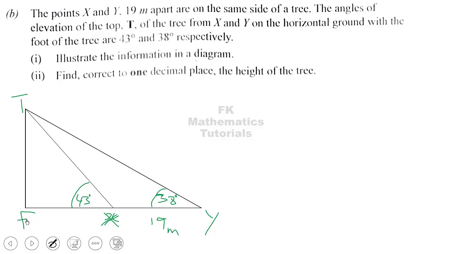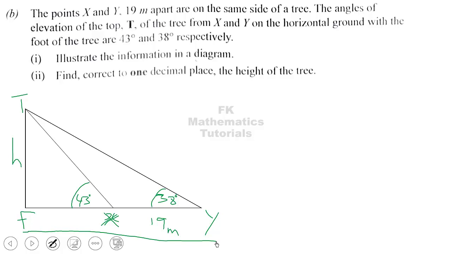We have to find, correct to 1 decimal place, the height of the tree. So this is the height of the tree. Let's assume that from F to Y is n meters.